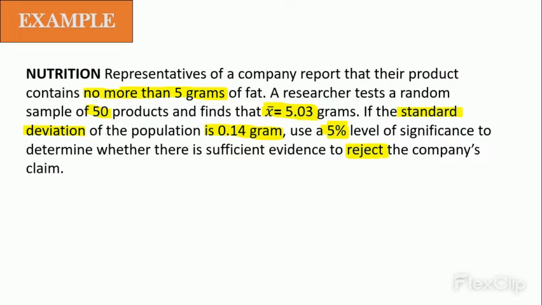Nutrition representatives of a company report that their product contains no more than 5 grams of fat. A researcher tests a random sample of 50 products and finds that X bar equals 5.03 grams. The standard deviation of the population is 0.14 gram. Use a 5% level of significance to determine whether there is sufficient evidence to reject the company's claim.